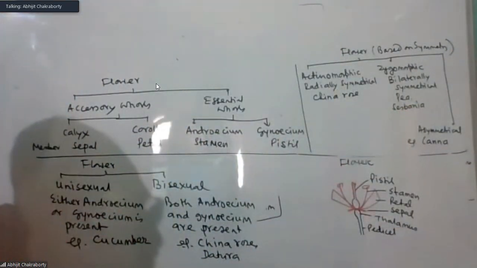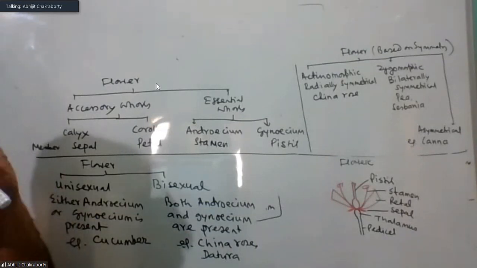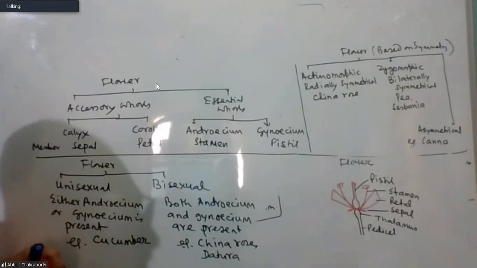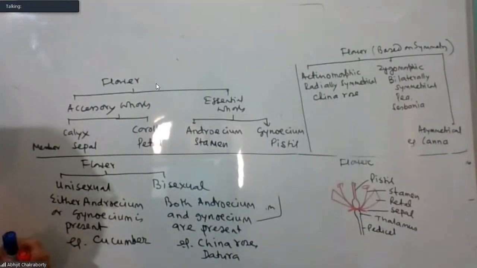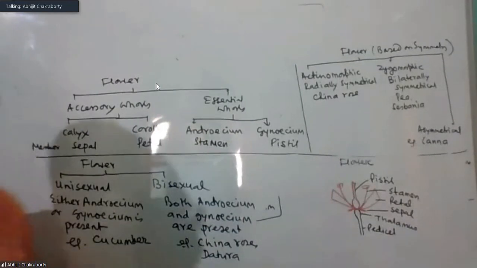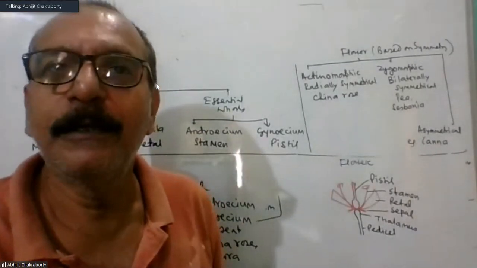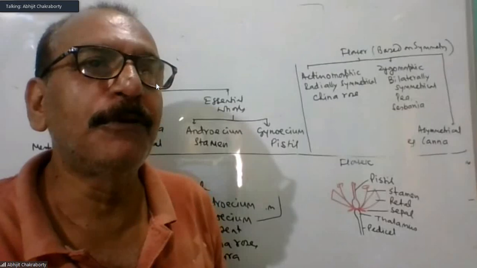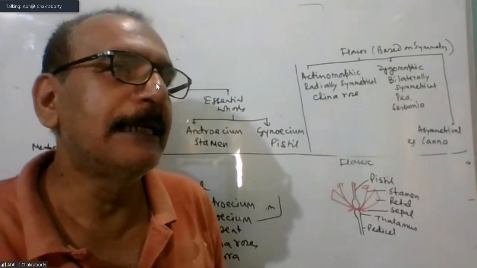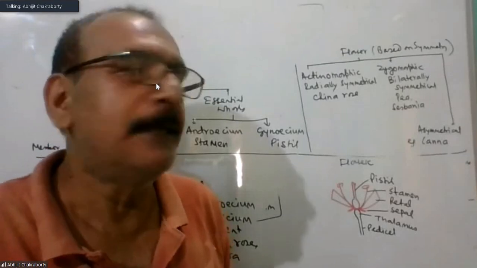Clear? Is it clear to everybody? Actinomorphic: the flower can be divided into two equal halves by dissecting it through the central axis at any plane.